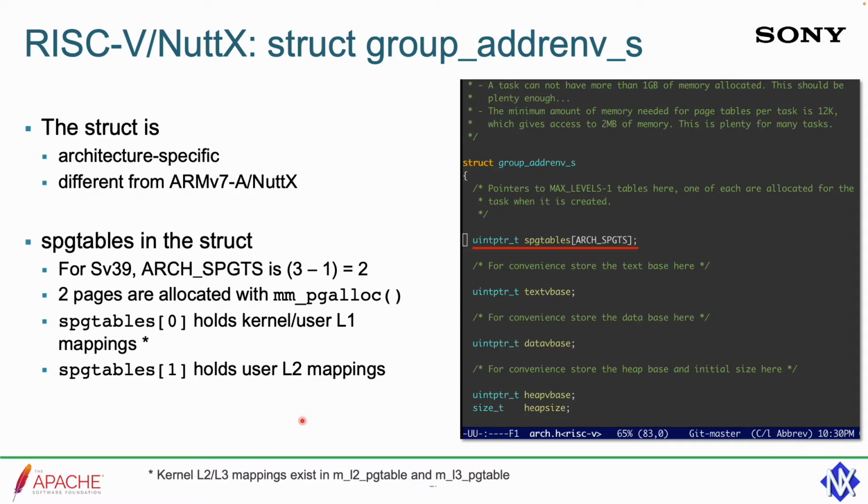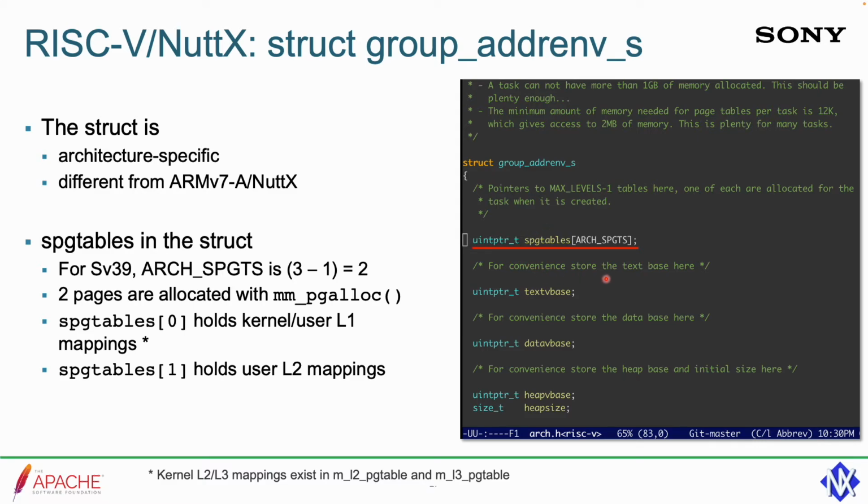The next slide shows struct group_addrenv_s for the RISC-V NuttX implementation. This struct is architecture specific and different from v7a NuttX. In the struct, there is a member called spgtables here.